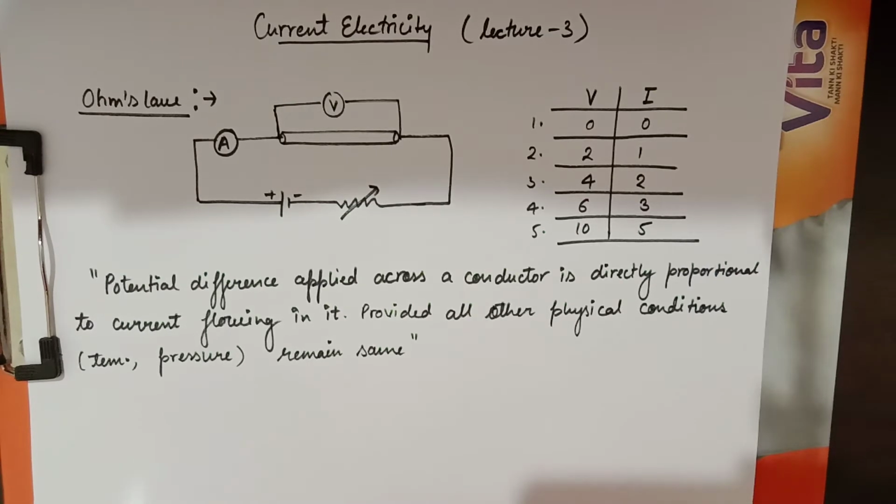Means if the other physical conditions, temperature or pressure, remain same, then if we increase I, V increases accordingly, or V and I are in proportion to each other when other physical quantities are constant.